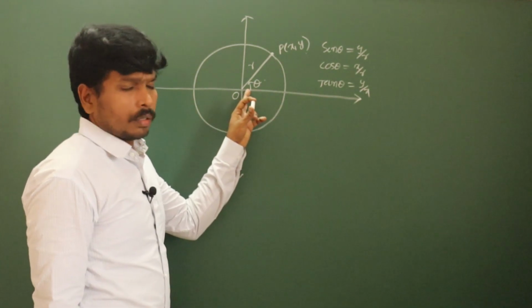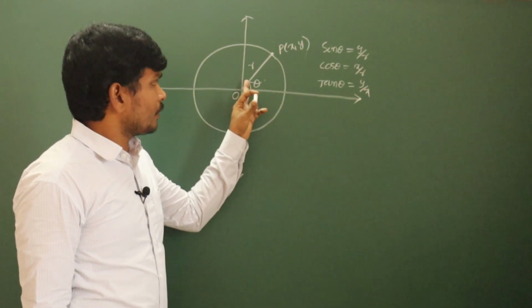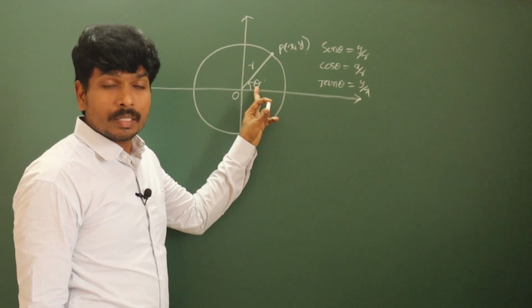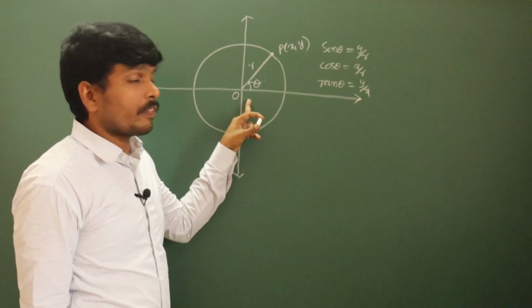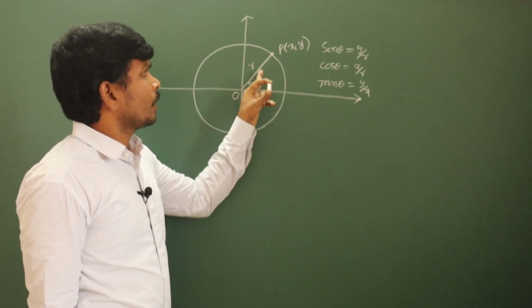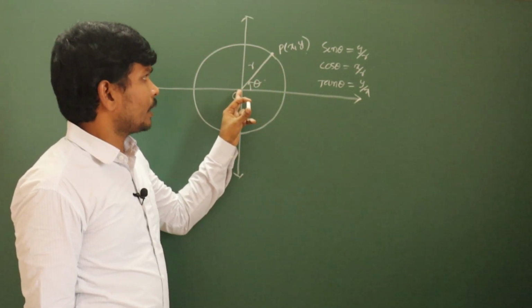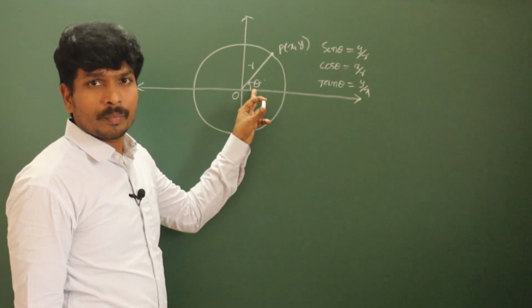Now observe, we don't want the angle which is in anti-clockwise. Now we want the angle in clockwise. Every time we discuss, it is a reference triangle we have taken. It is the reference angle we are taking.